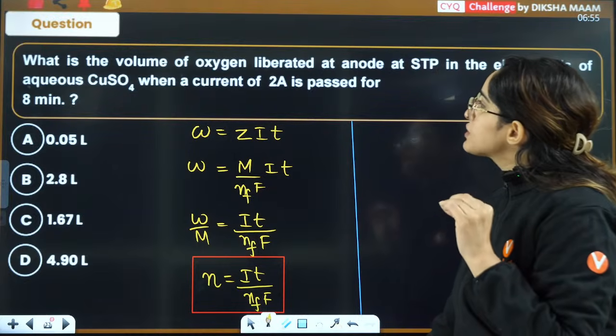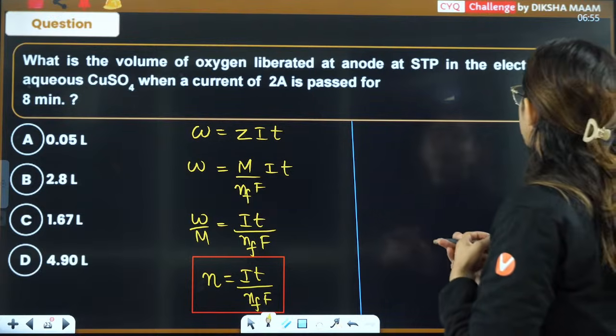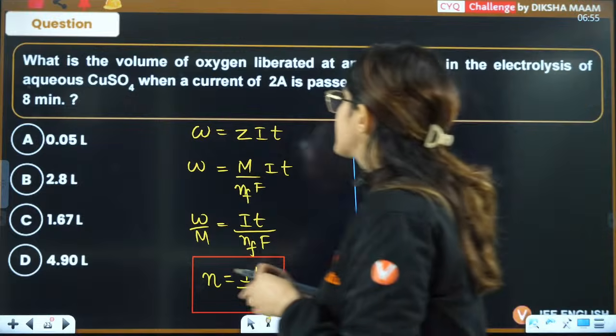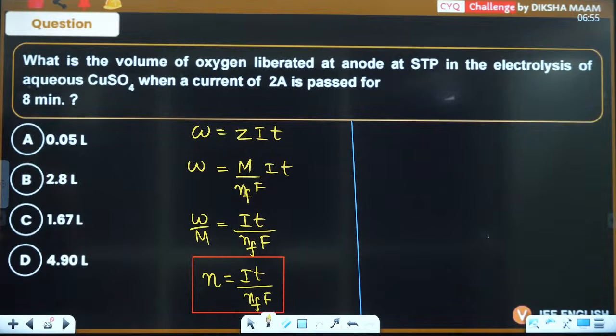Now if you see, this is the volume of oxygen liberated at anode in the electrolysis of aqueous CuSO4, right? So if you talk about electrolysis of aqueous CuSO4, firstly guys, you need to tell me here what will be the reaction, what will be the N factor here. Right?